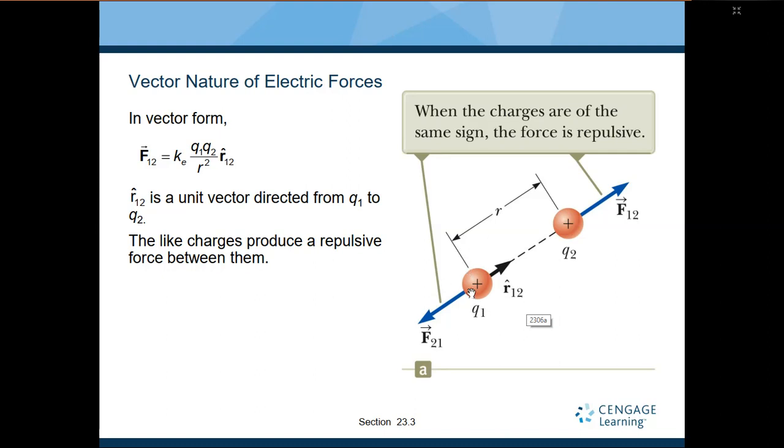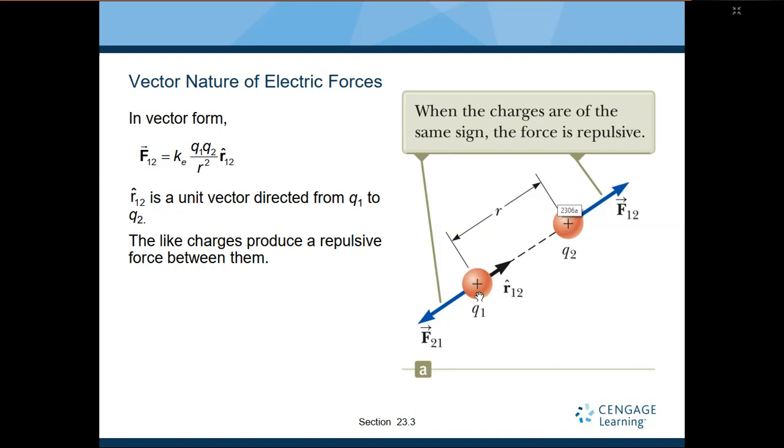Observe this charge Q1. This charge Q1 experiences a repulsive force due to Q2, because the presence of Q2 makes it repulsive with some separation distance r.